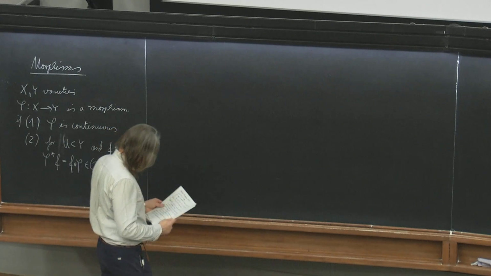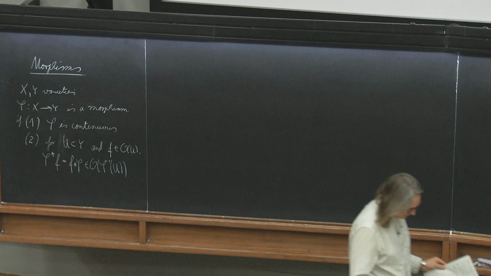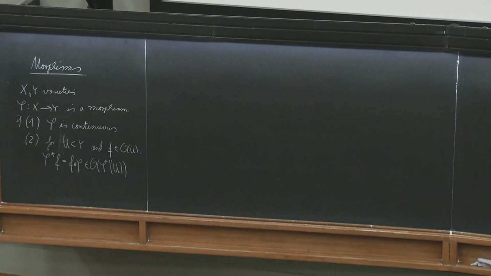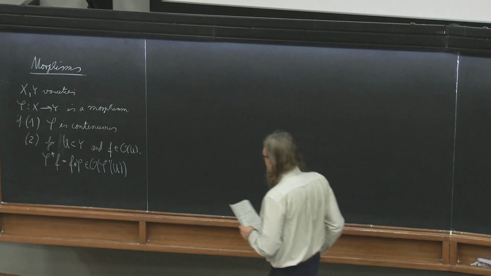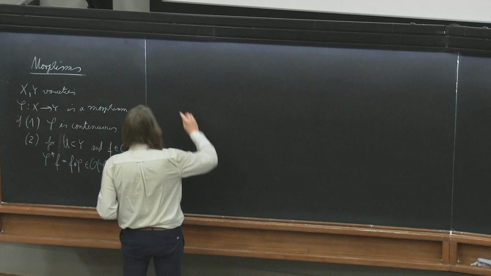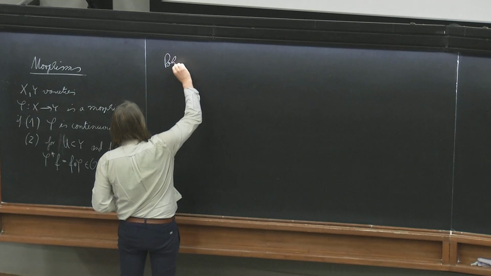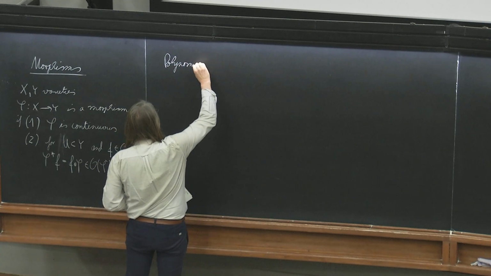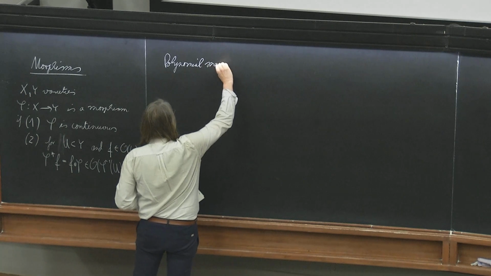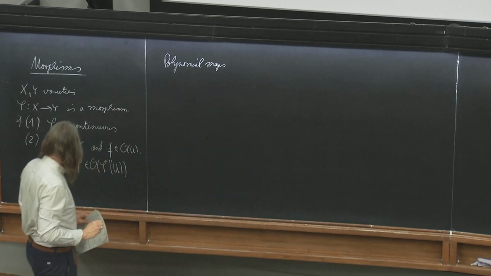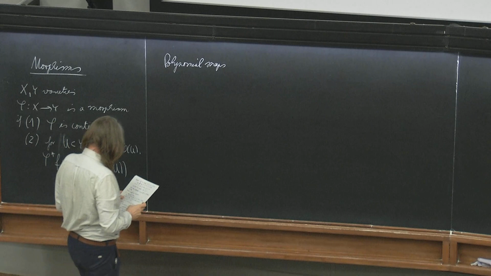And then last time I was looking at the special case, the simplest cases of morphisms between projective varieties. So these were polynomial maps.